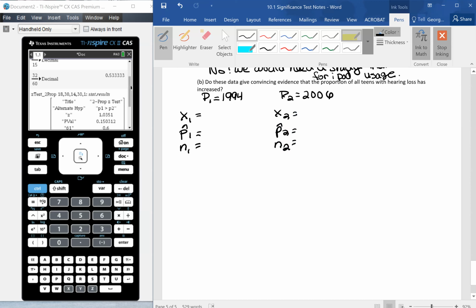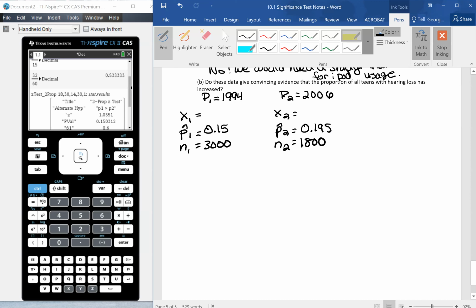Alright, so let's start with the easiest, the sample sizes. In 94, they asked 3,000 kids, and in 2006, they asked 1,800. They went ahead and gave us the percent, so all we have to do is turn them into decimals. So 94 was a 15% hearing loss, and in 2006, it was 19.5%. Turning that into a decimal, we get 0.195.